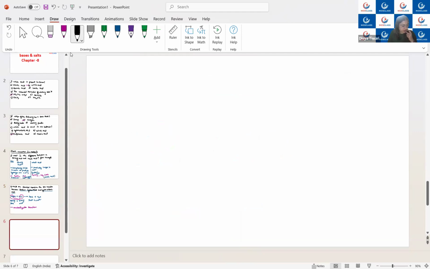You could also find from this chapter that you will be given some common names, and they will ask you to write down their chemical formulas. So this is question number 3, I think.